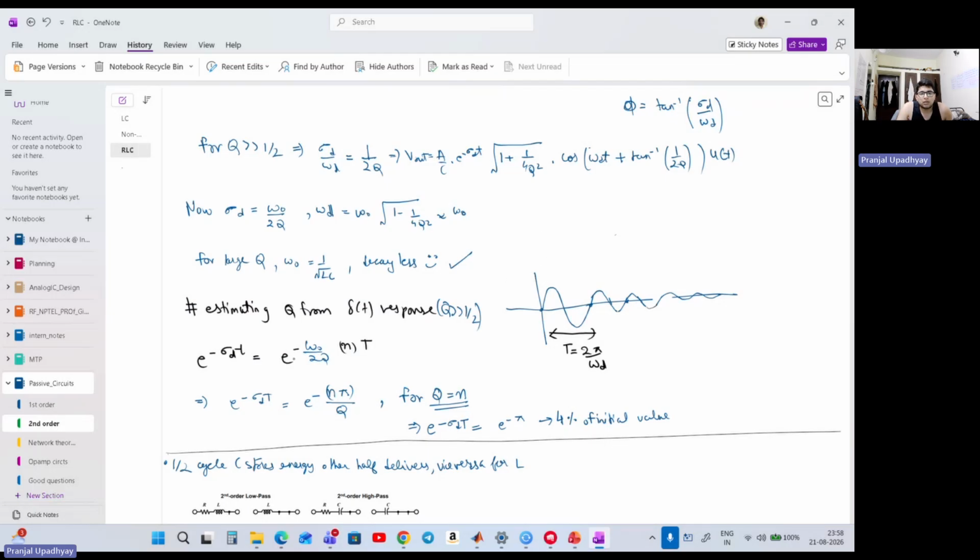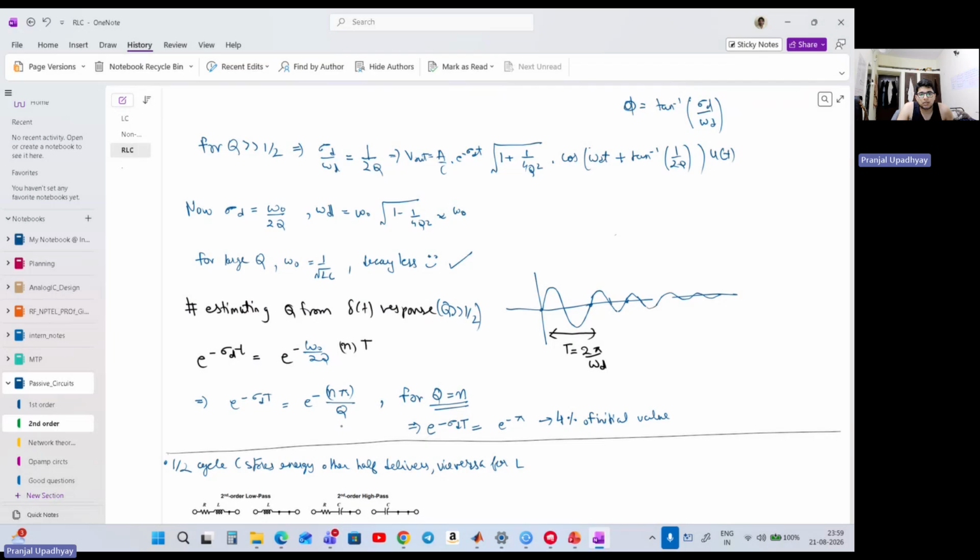So what we can now observe is that if we substitute the value, we get omega naught by 2Q times nT. Now, if Q is much larger than half for this particular circuit, we can do some substitutions, and from that we get that this term will be equivalent to e^(-n pi / Q), right?